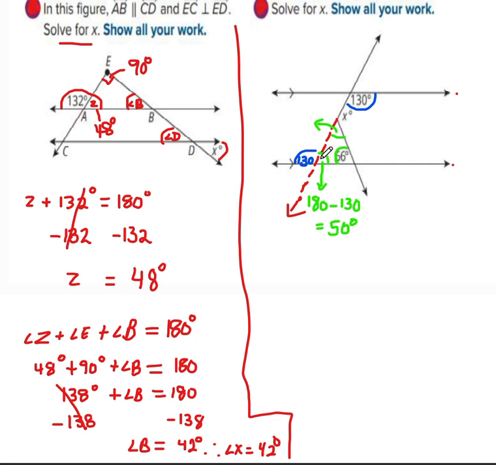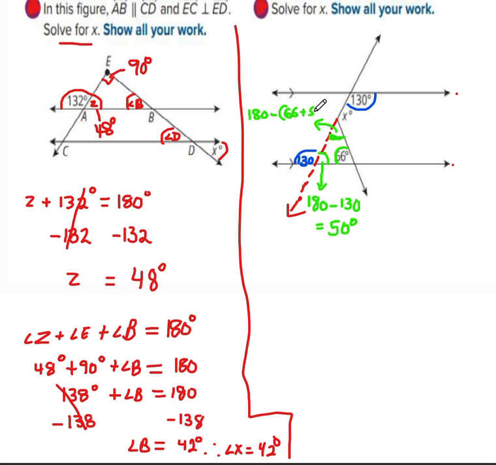Yes? The total interior angle, this plus this plus this, should add to 180 degrees. So to find the angle formed at this arc, I'm going to simply take 180 degrees minus 66 plus 50. And that's going to give me the missing angle right there.